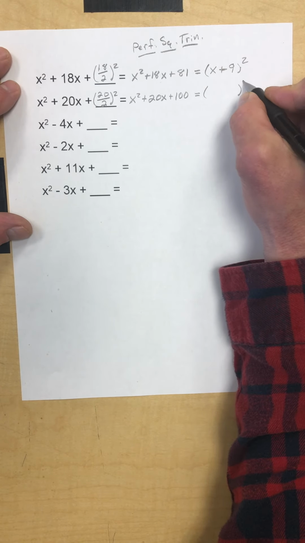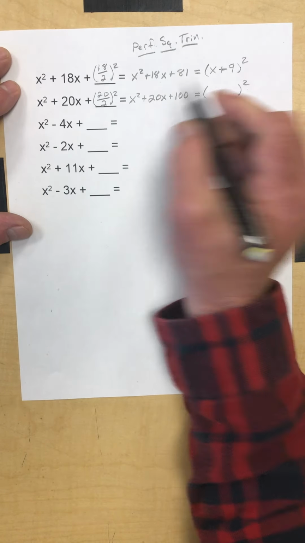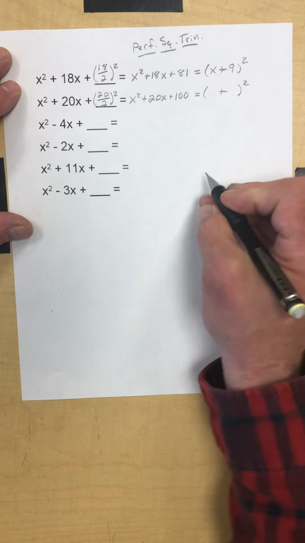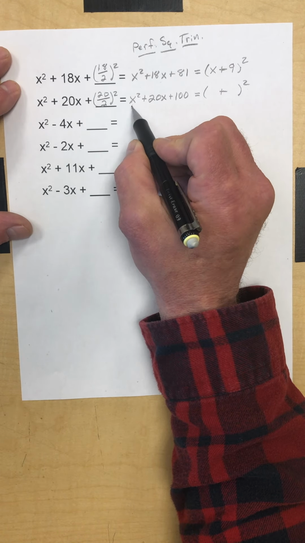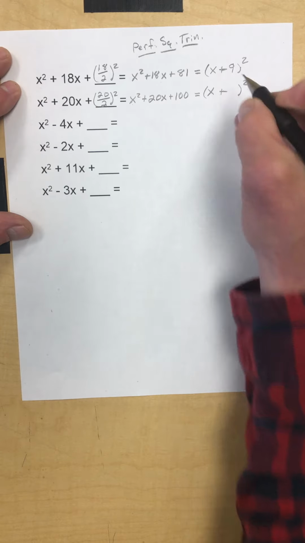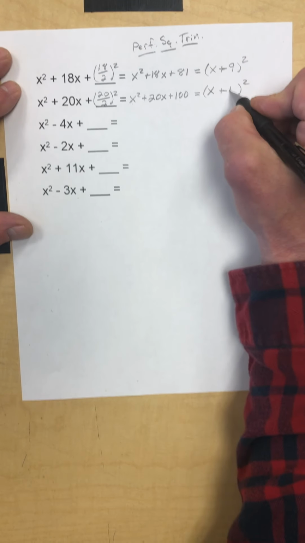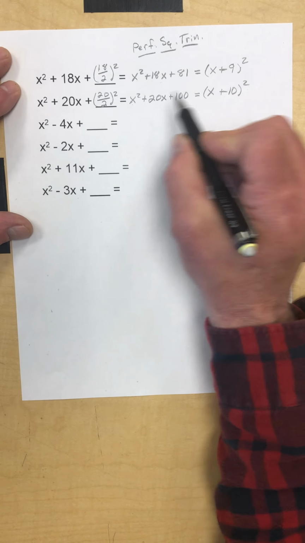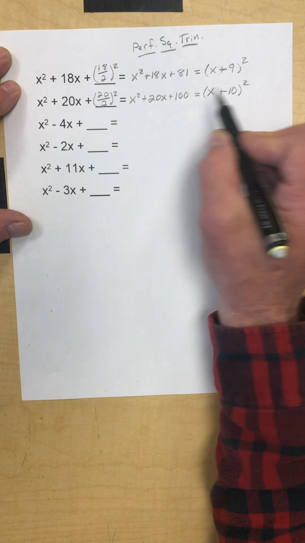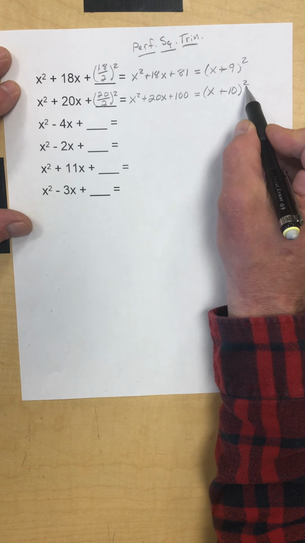It factors into the square of a binomial. Bring the sign of the middle term over. Take the square root of the first term. Square root of x squared is x. Take the square root of the last term. Square root of 100 is 10. Okay, and that is my factored form of the perfect square trinomial. Again, if you use your formula to expand this, squaring x plus 10, you will get this perfect square trinomial.